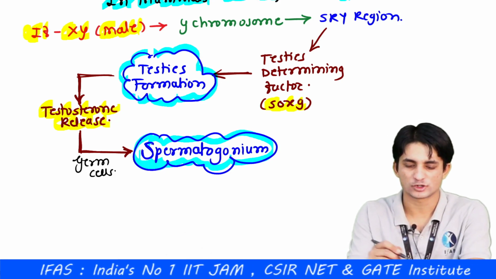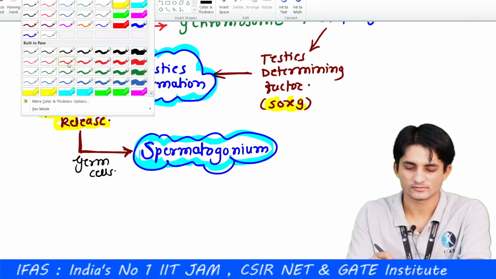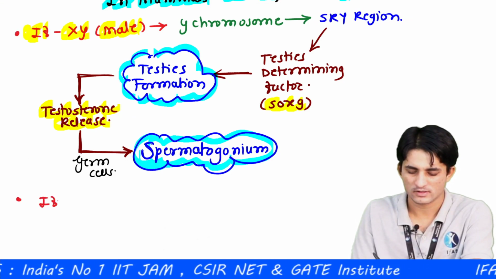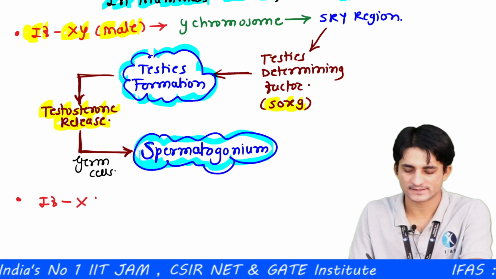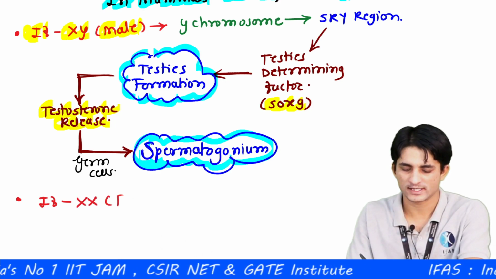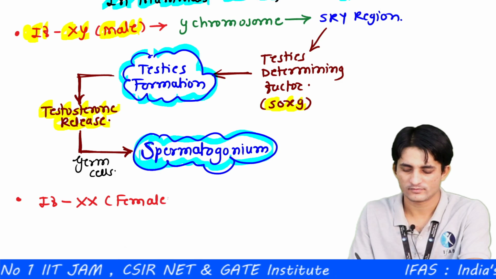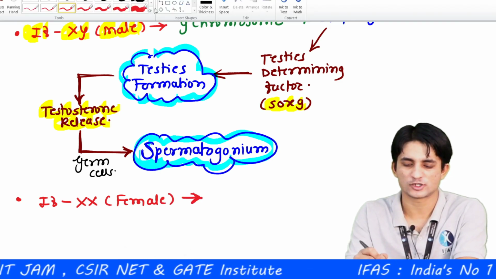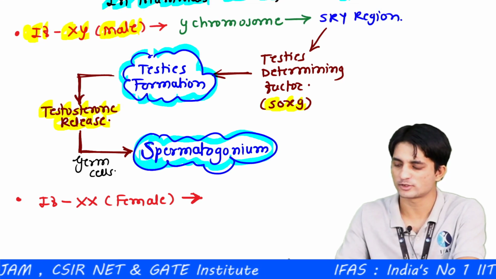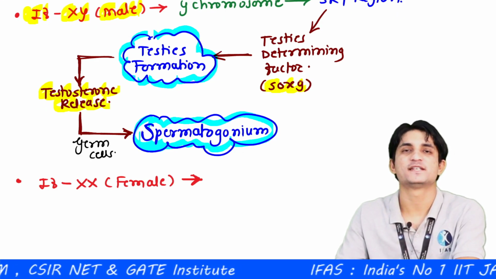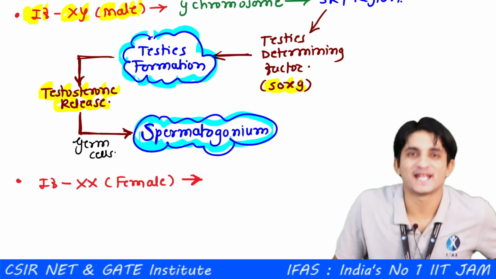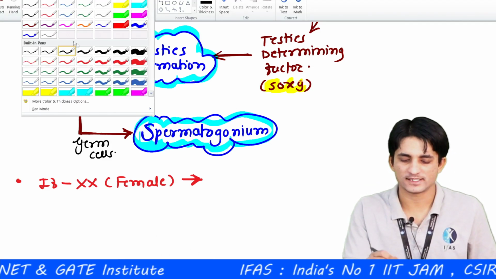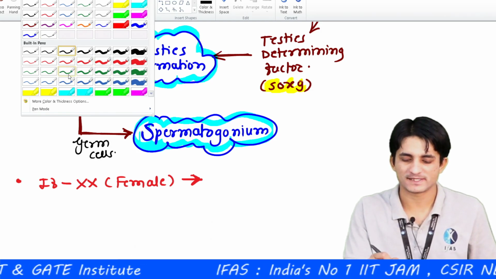Now in case of female, if the zygote contains X chromosomes, so this is the female. Now if female is there, there is no presence of the Y chromosome. The Y chromosome is absent, so the SRY region is not present. Now in that case, if there is no SRY region, then there is expression of the female specific genes.